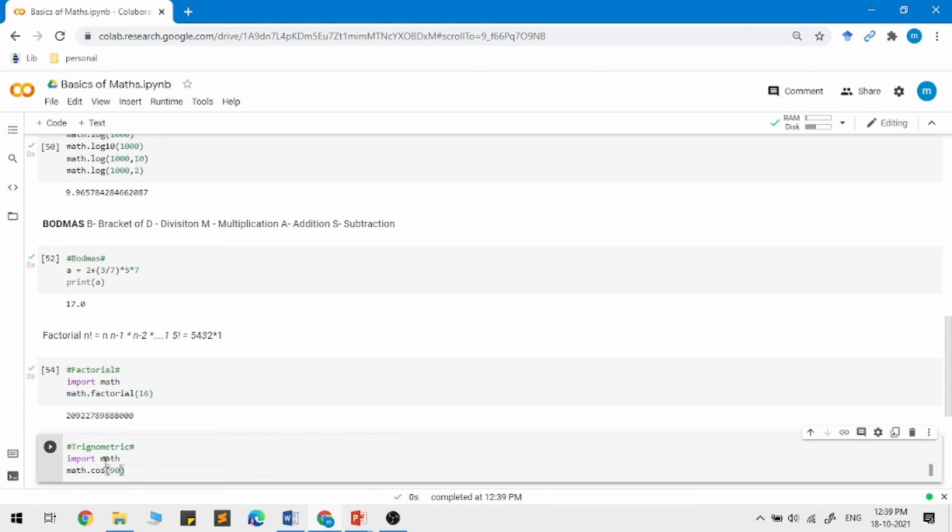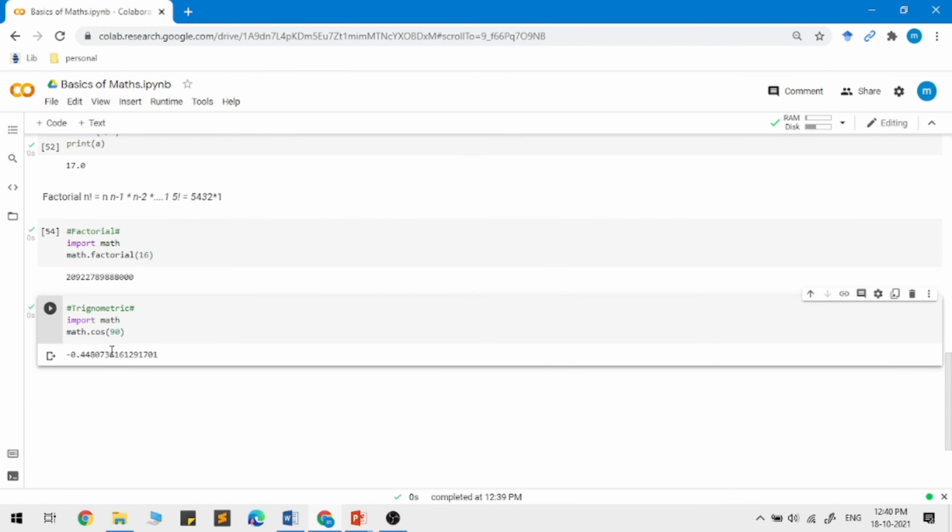Suppose I want to find the cos 90 value. In radians, it will give the value minus 0.4480736161, etc. You can convert the value from radian to degree, and then you can find the value of cos, sin, tan, whatever it may be. Or else you can use the symbol like acos. It will give you the conversion and the value.